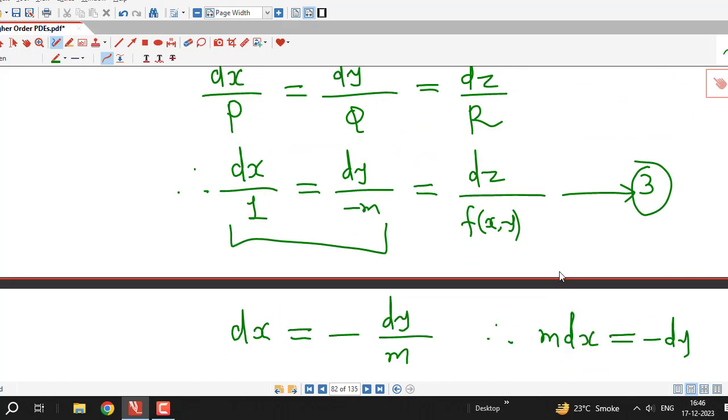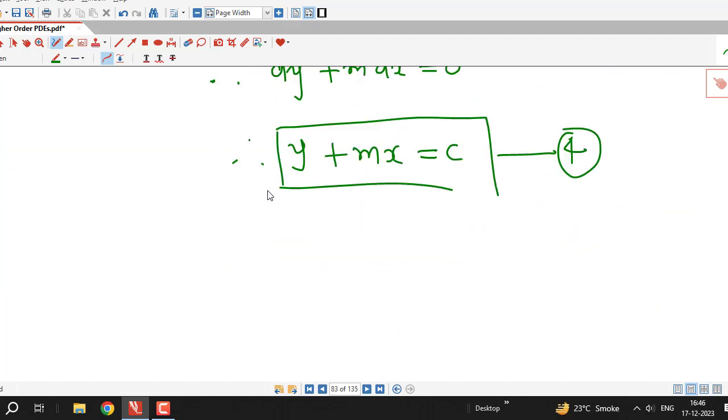Now suppose I compare the first and last fractions of equation number 3. Then I will have dx equal to dz over f(x,y), so dx over 1 equals dz divided by f(x,y). But here you can see with dx I have the constant function 1, but with dz I do not have a function of z.